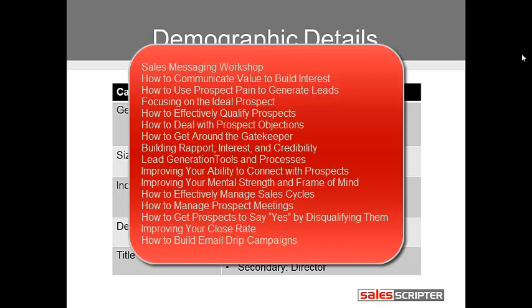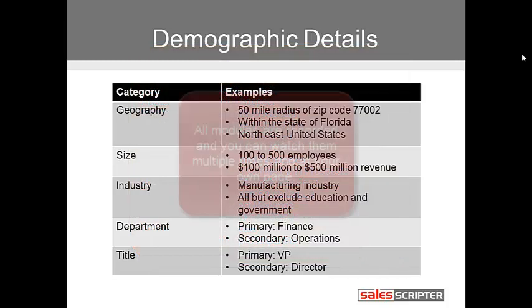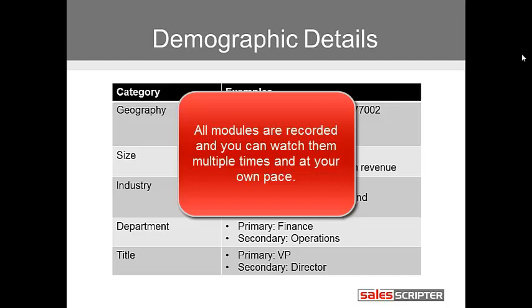Demographic details refer to the description of the businesses that fit well or that you should go after. We can look at geography. This might be determined by the company that you work for. If you're a salesperson, they might say your territory is the western half of the United States.